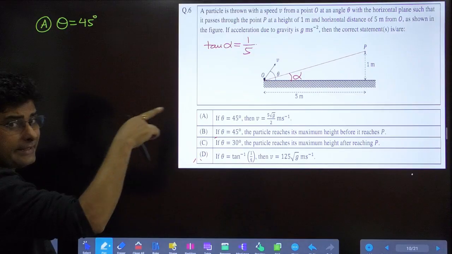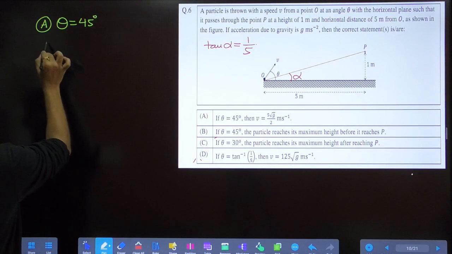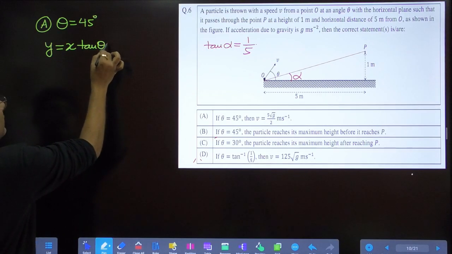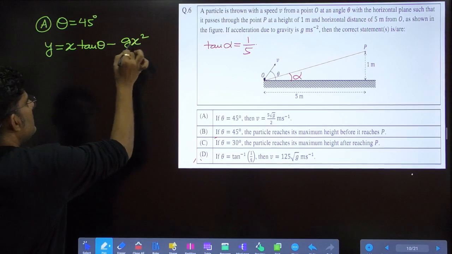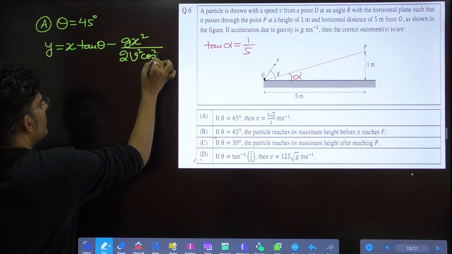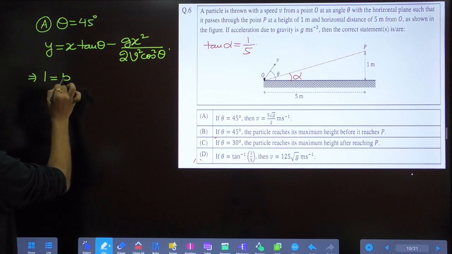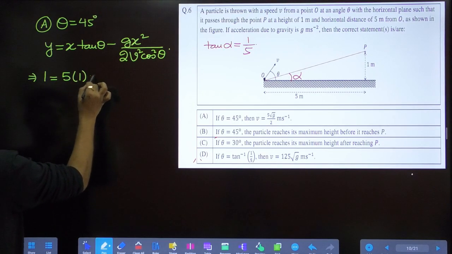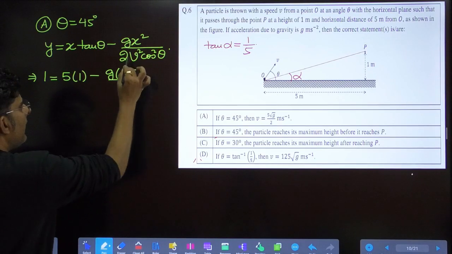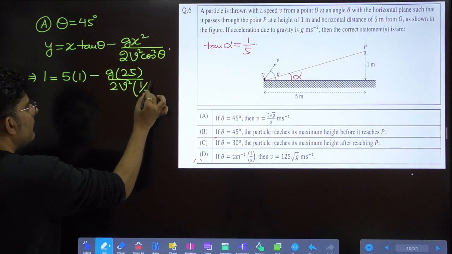So since we know the height and distance, so taking horizontal as x-axis and vertical as y-axis, we can directly go by equation of trajectory. y equals x tan theta minus g x squared upon 2 v square cos square theta. So from here, if I put the value of y as 1, x as 5, tan theta will become 1, g as it is, 5 squared will become 25, and 2 v squared cos square 45 will be 1 by 2.